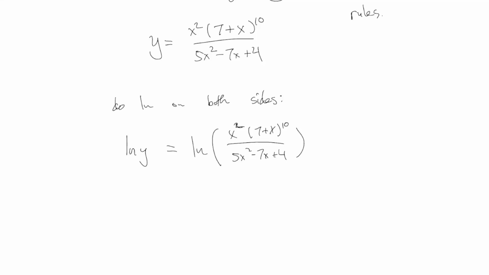Do the natural log on both sides, and now I am going to simplify on the right as much as we can. And here is the step in which you can see the product and the quotient just sort of go away. We're going to simplify on the right using our rules for the natural log. First of all, the big quotient I can change into subtraction.